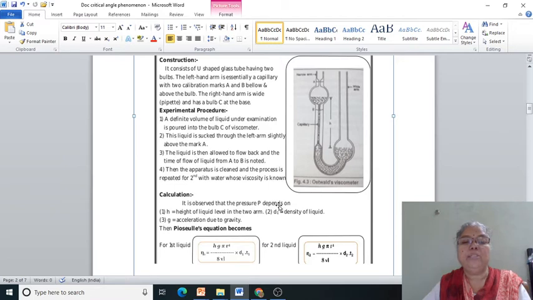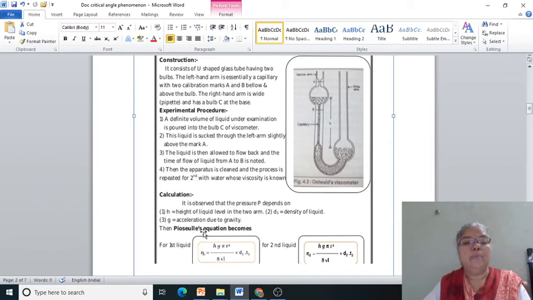It is observed that the pressure P depends on the first factor, the height of the liquid level in the two arms, the height H. The second factor is the density of the liquid, and the third factor is the acceleration due to gravity, that is g.